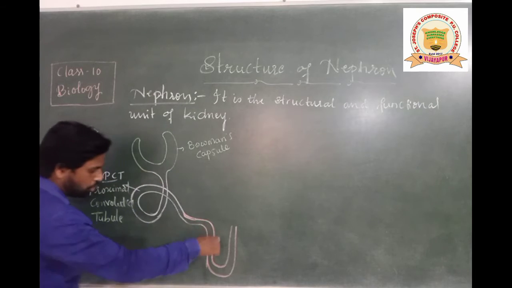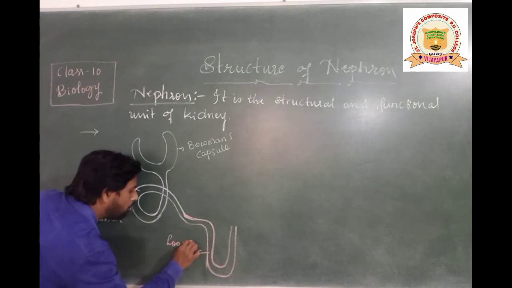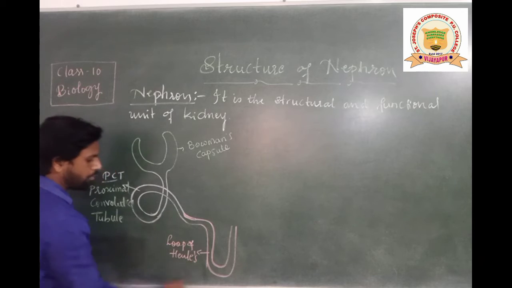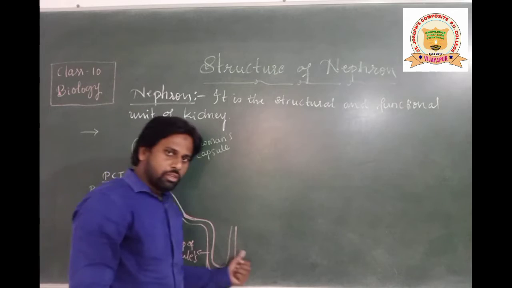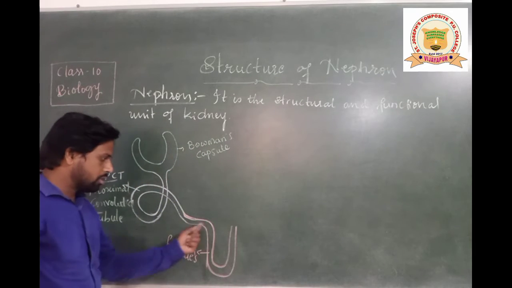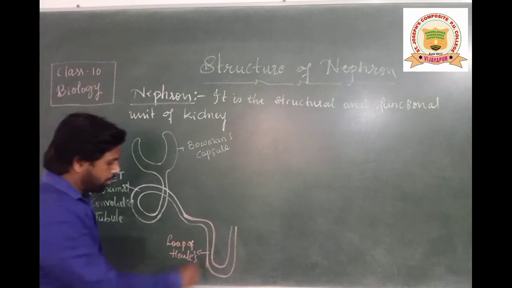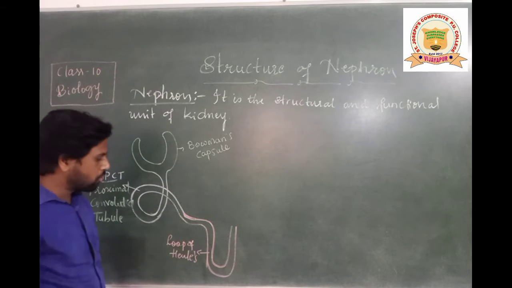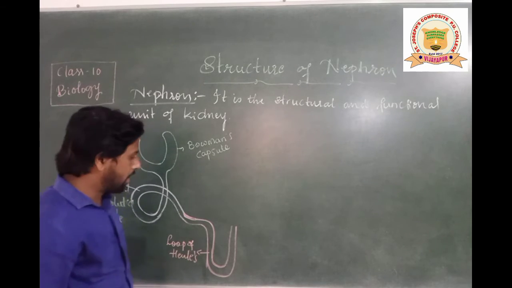This U-shaped structure is called the loop of Henle, or Henle's loop. The scientist Henle discovered this, so his name was given to this structure, because of its loop-like or bent U-shaped form, the name loop of Henle is kept.